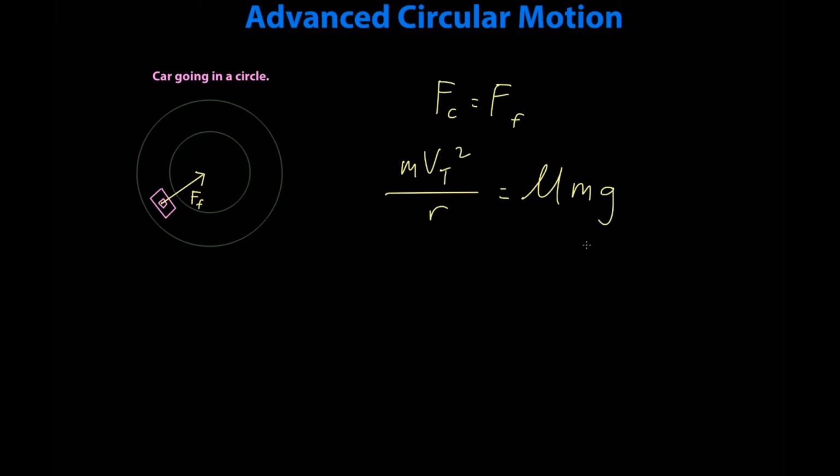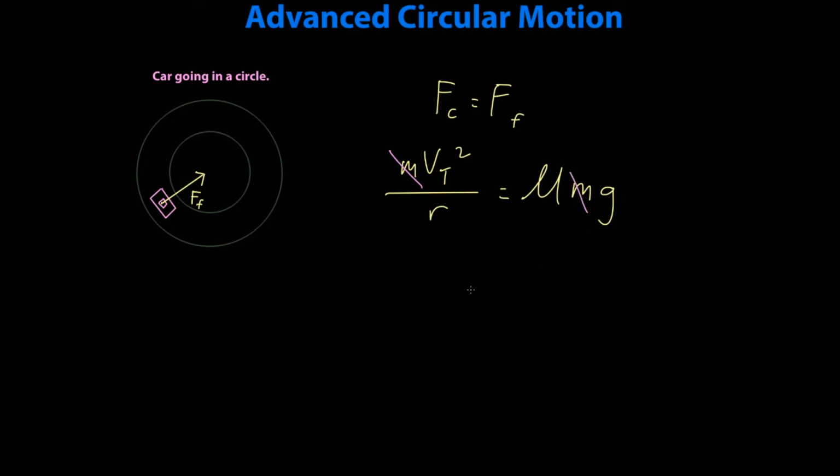Next up, car moving in a circle. We actually did one of these. What force is providing the force to keep the car on the circular path? That is force friction, and we're assuming this is a flat horizontal road. Force toward the center is force friction, which means m vt squared over r equals mu times force normal. If it's a flat road, force normal will be equal to force earth, which is mu mg.